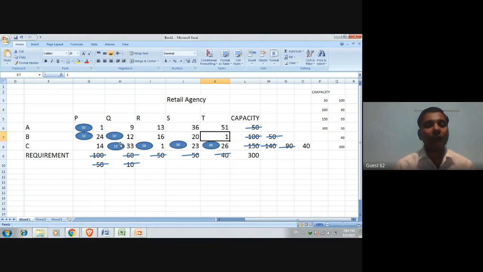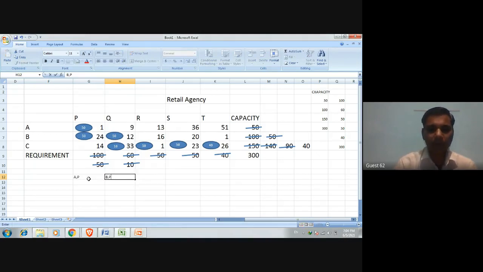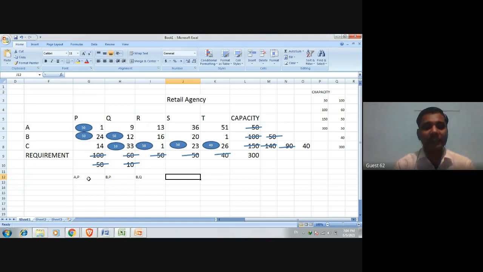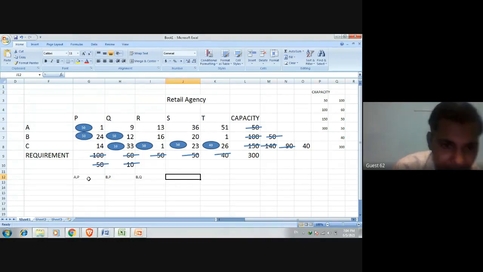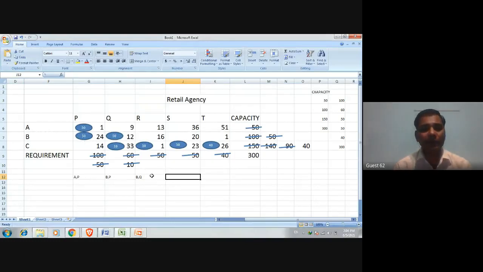Okay. So how many values are allocated? The first, that is A, P. A comma P. This is first. Second, B comma P. Third, B comma Q. These are the addresses of cells that I have written here.